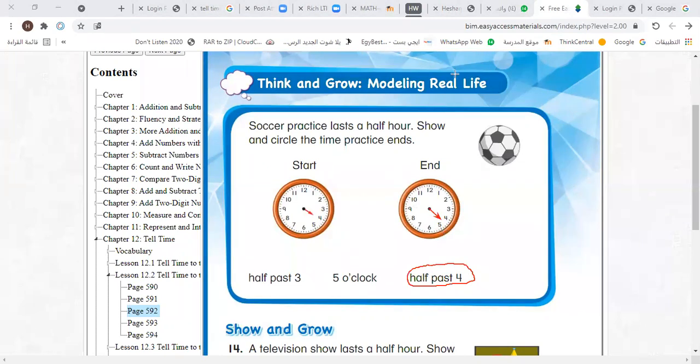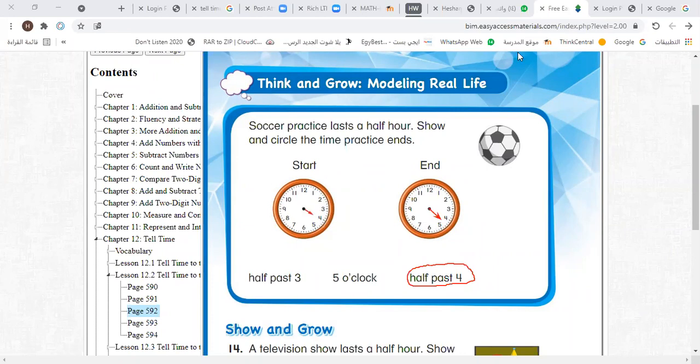Why do we choose half past 4? Because the soccer practice lasts half hour and it started at 4 o'clock. 4 o'clock and half hour equals half past 4.